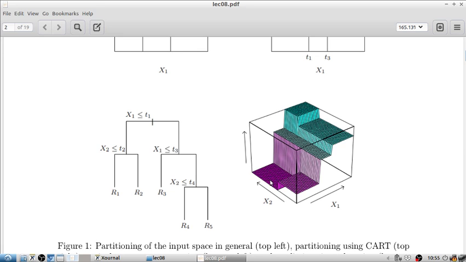So maybe 0 here, 1 here, 3 here, 3.5, and let's say 4. But in reality, the conditional expectation of y given x1 and x2 may be a smooth function, like a plane. Which means that the jump from this region to that region close to the region boundaries is not a good approximation for that smooth function, right? You're jumping, but you have a smooth variation.